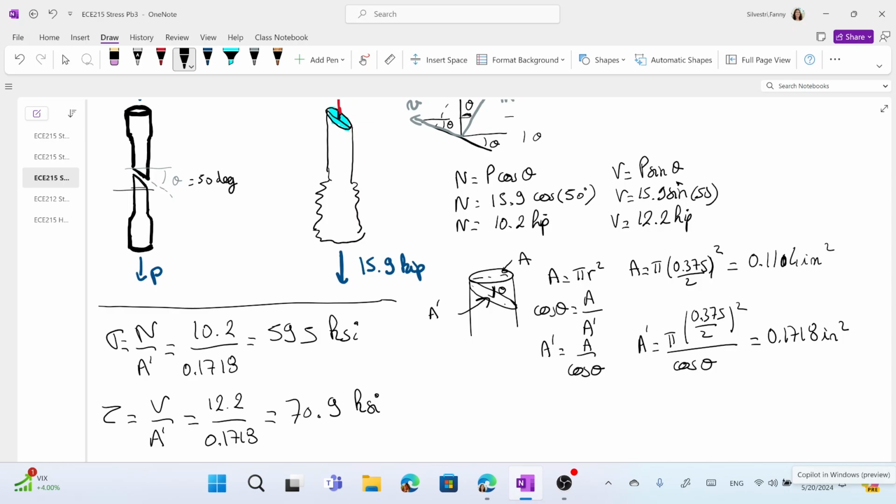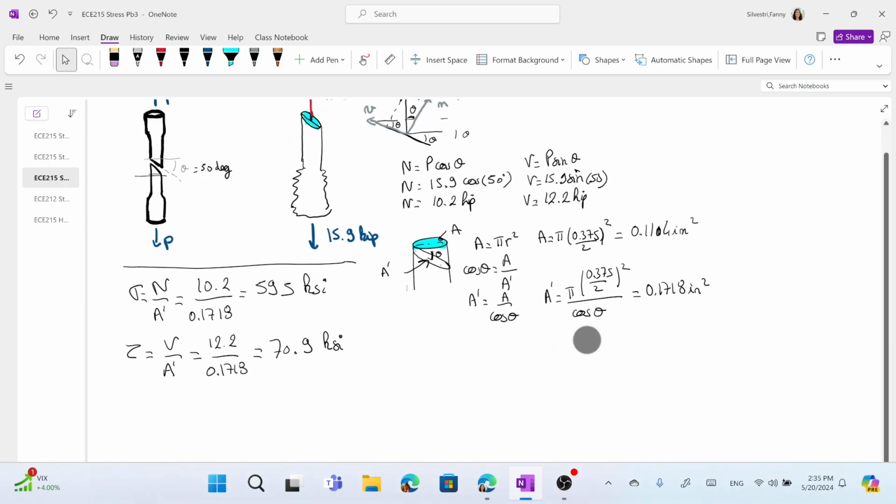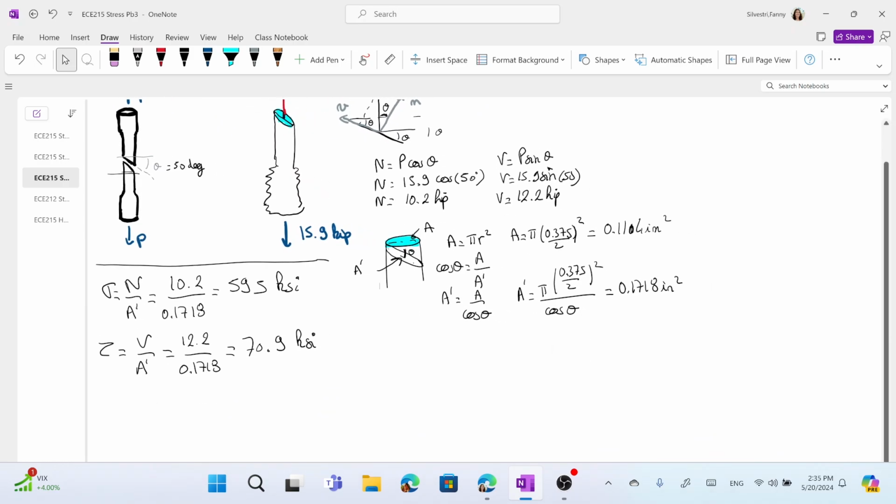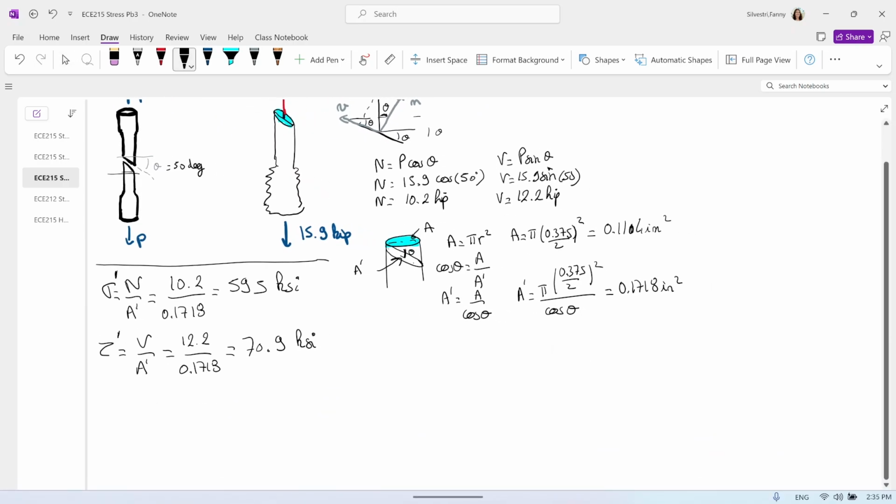Here we go. And there was one last question. What is also the stress acting on the cross section? So the cross section is this one. So the stress on the cross section will be very simple. This is the sigma prime and tau prime.